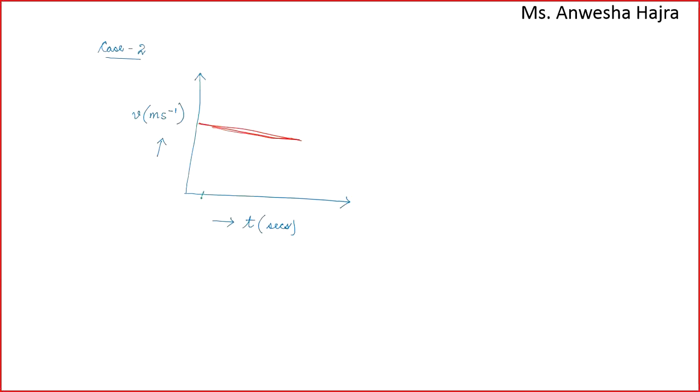Say, at time t equal to 1 second, velocity is 4 meter per second. At time 2 seconds, velocity is again 4. At 3 seconds, velocity is 4. At 4 seconds, again velocity is 4. That means from here we can say that the body is moving with uniform velocity.